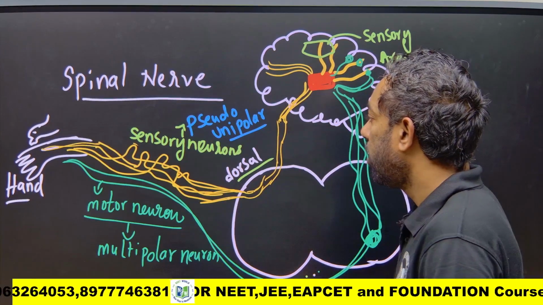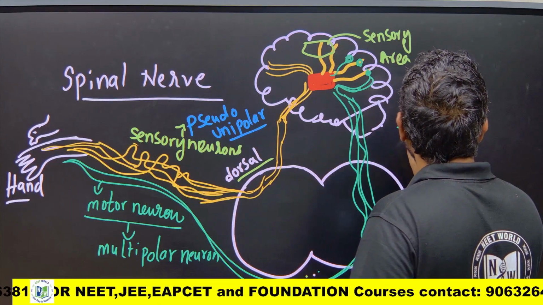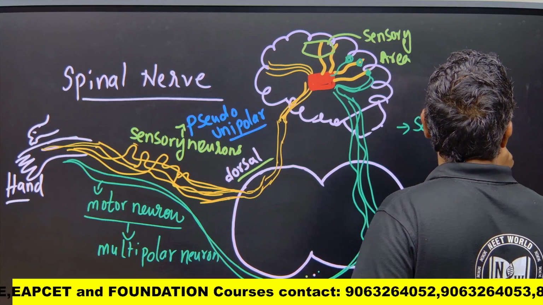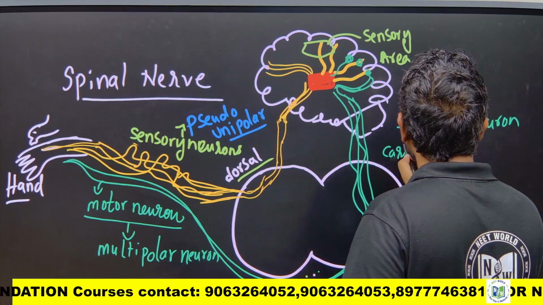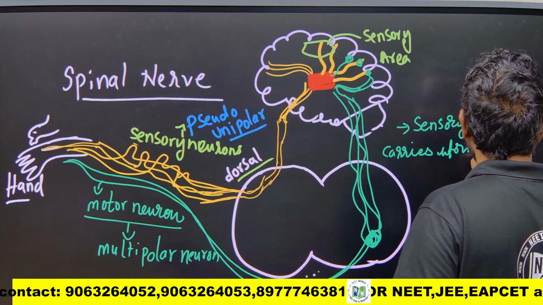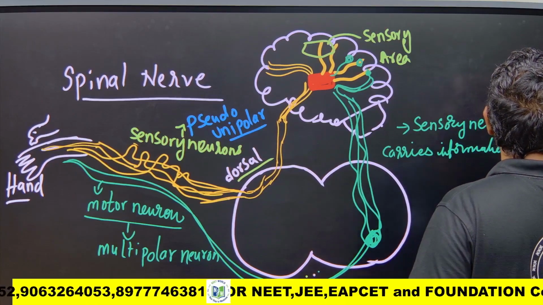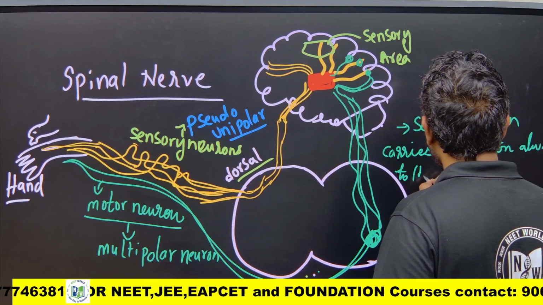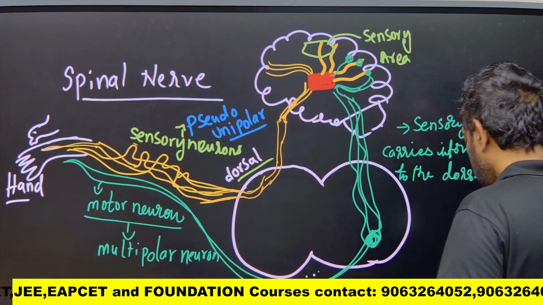So here you have to observe: the sensory neurons always carry information to the dorsal side. I'll write it on another page.